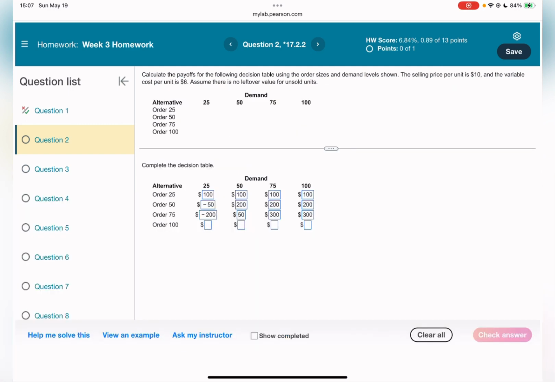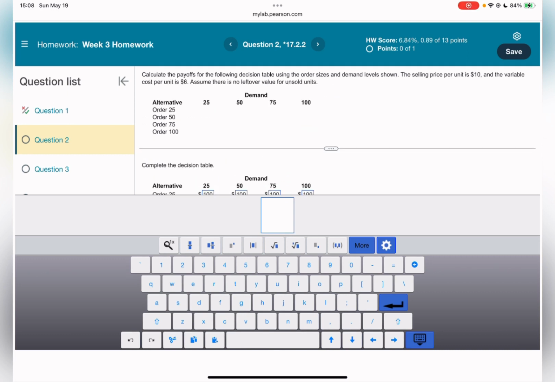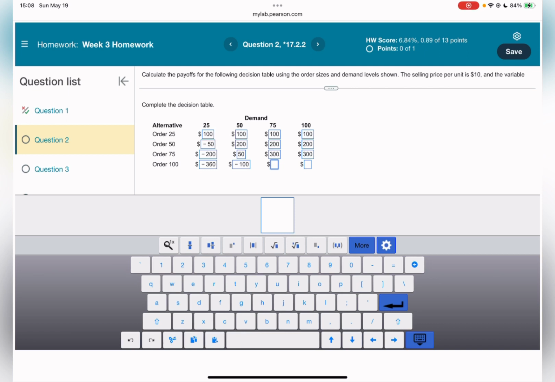All right, supply 100, demand is 25, so it's gonna be negative 350. Next it's gonna be negative 100. $75 is 150, and 100 is 400.